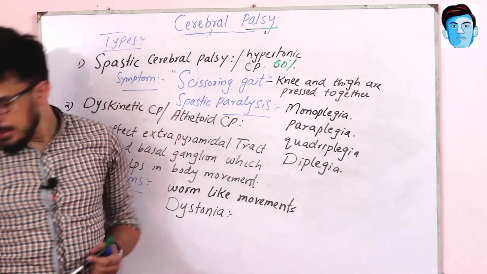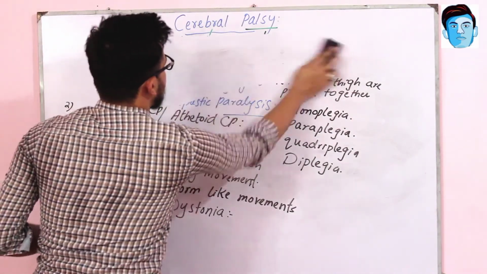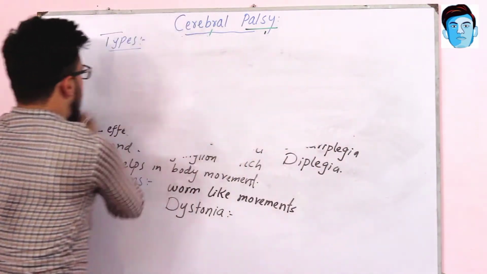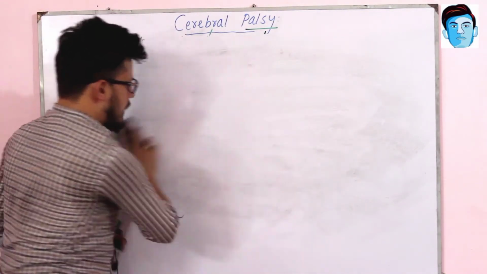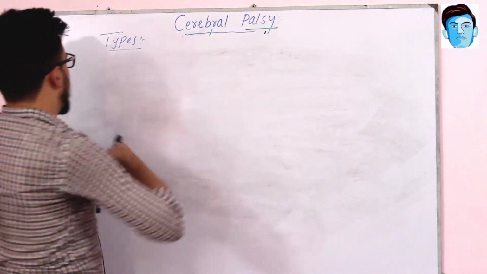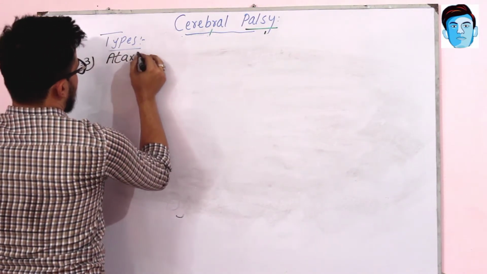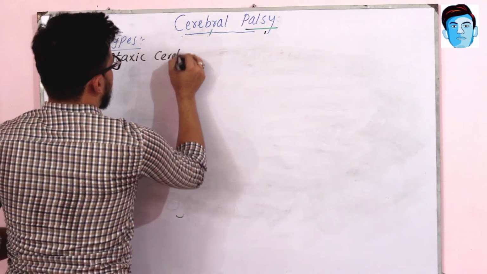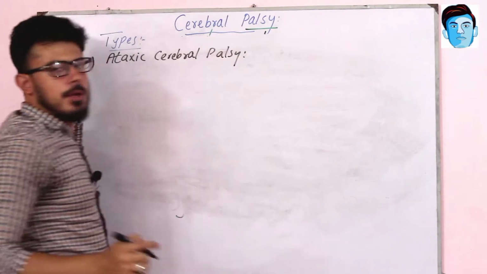Now let's discuss the remaining two types of cerebral palsy. The third type is called ataxic cerebral palsy. In ataxic cerebral palsy, it affects the cerebellum.